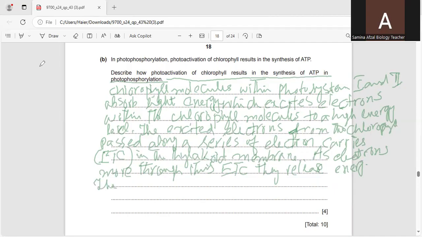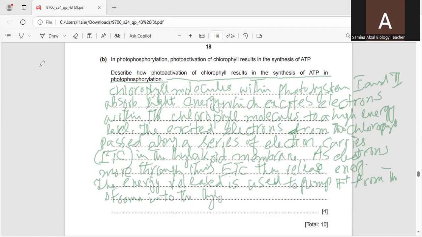The energy released from the ETC is used to pump hydrogen or proton ions from the stroma into the thylakoid lumen.